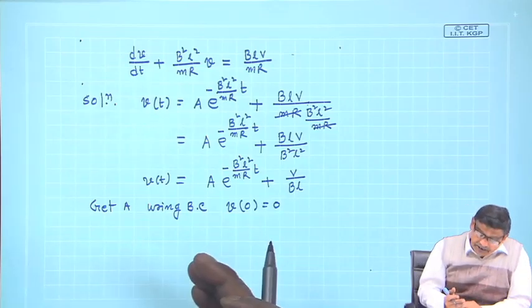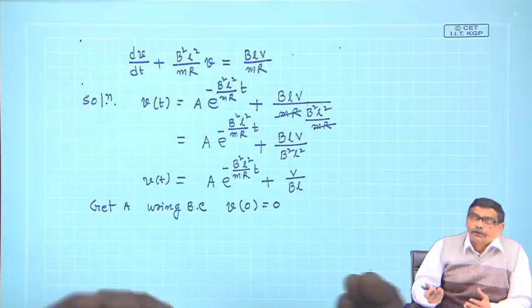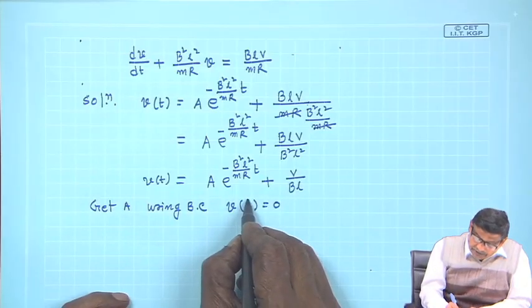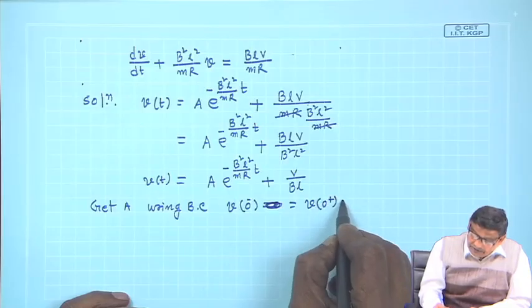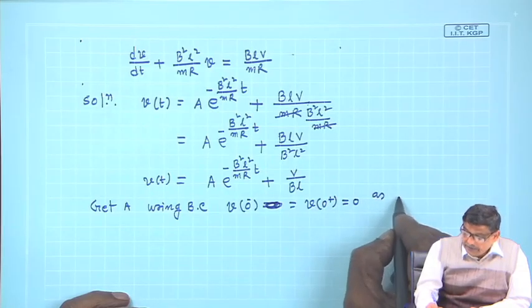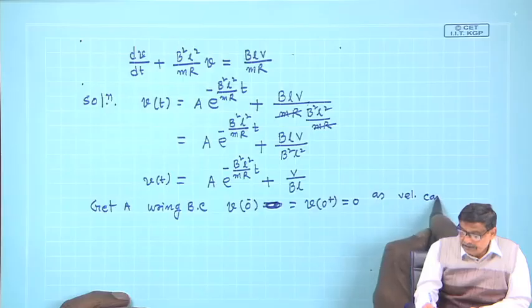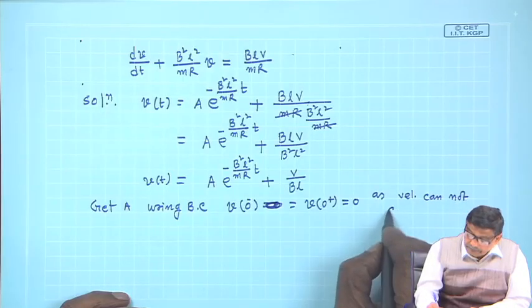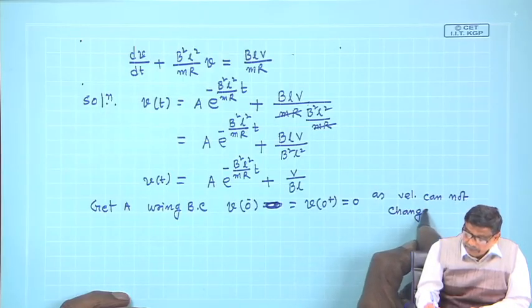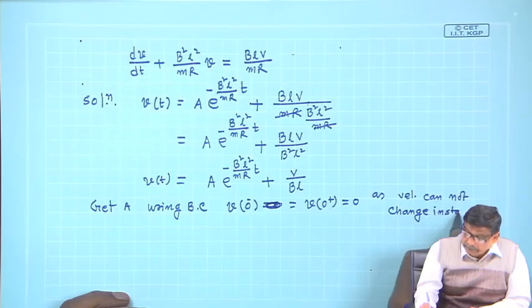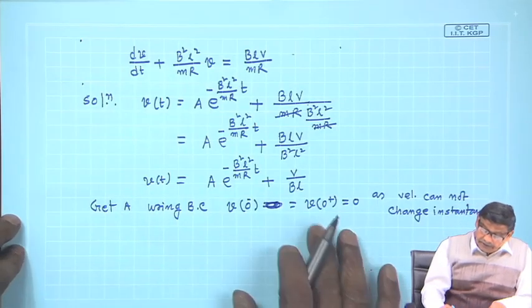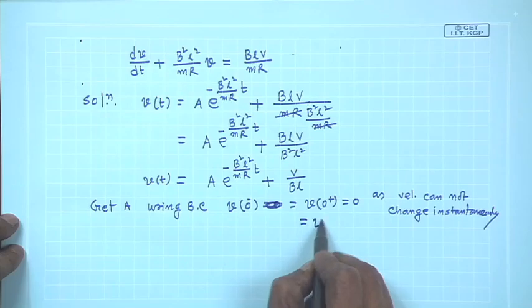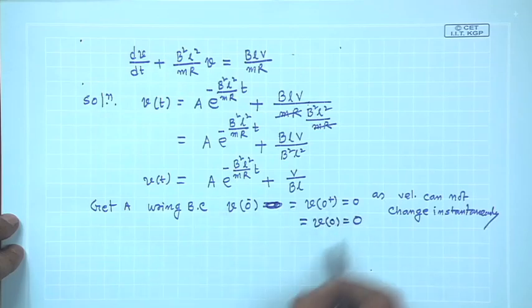Therefore, V 0 plus is also 0, as velocity cannot change instantaneously. This essentially means V 0 is equal to 0.